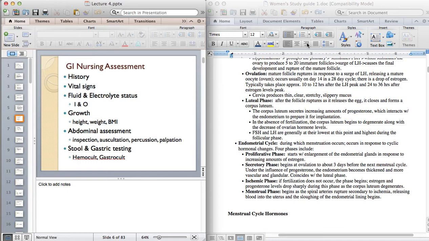Yes. Last bowel movement. Last bowel movement, yes. Eating habits, yes. Any others? Yes. Fluid intake, yes. Okay. What else? Pain or distension in your abdomen.